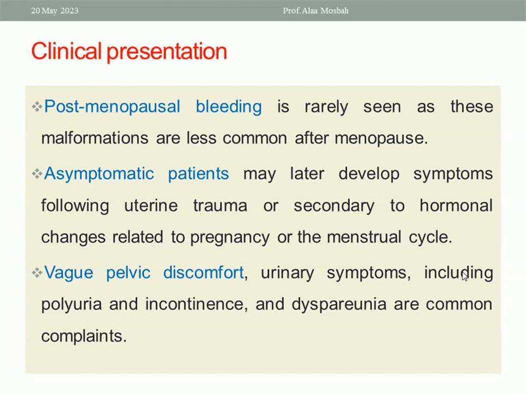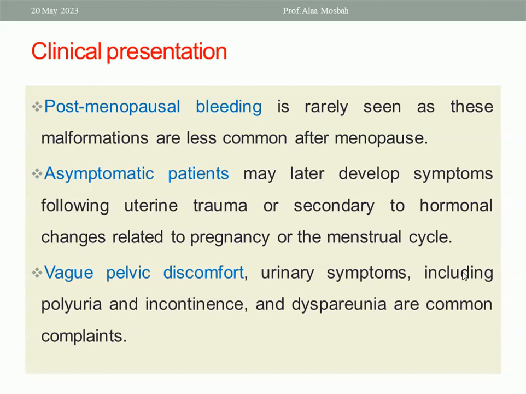What else in clinical presentation? Postmenopausal bleeding may happen, but rarely, because this malformation is less common after menopause. What about the asymptomatic patient? May later develop symptoms following uterine trauma or secondary to hormonal changes related to pregnancy or the menstrual cycle.